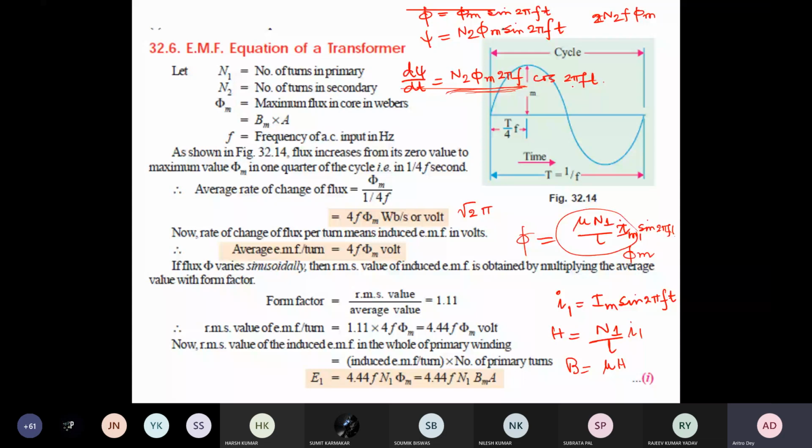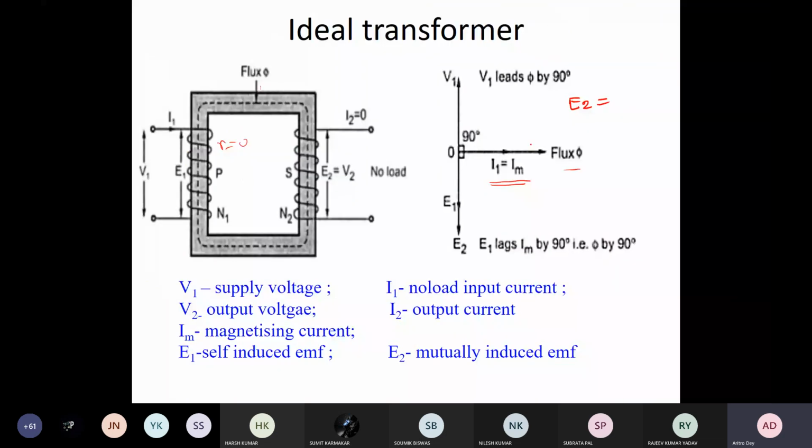So E2 is lagging phi m by 90 degrees. Now if you measure the voltmeter reading here, this is your no load output voltage, because you have not connected any load across it, so there won't be any loss here, and you get V2 equal to your E2.